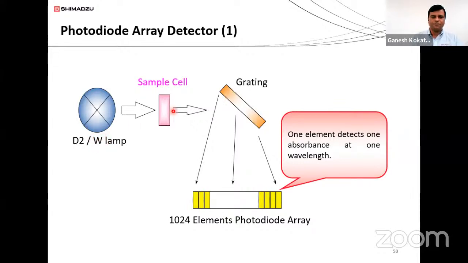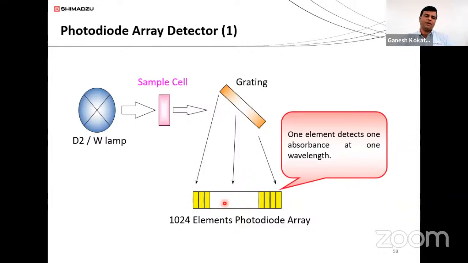Now it passes through a grating onto a photodiode array with almost 1024 elements. Each element detects absorbance at one wavelength.